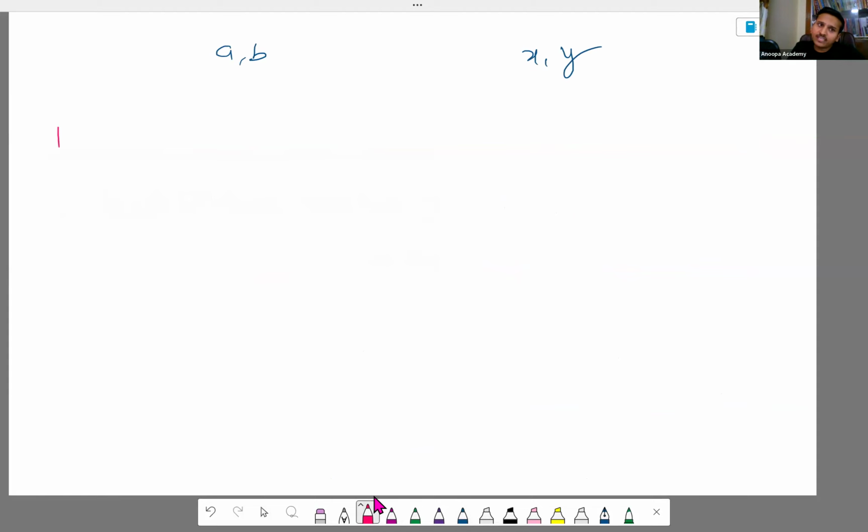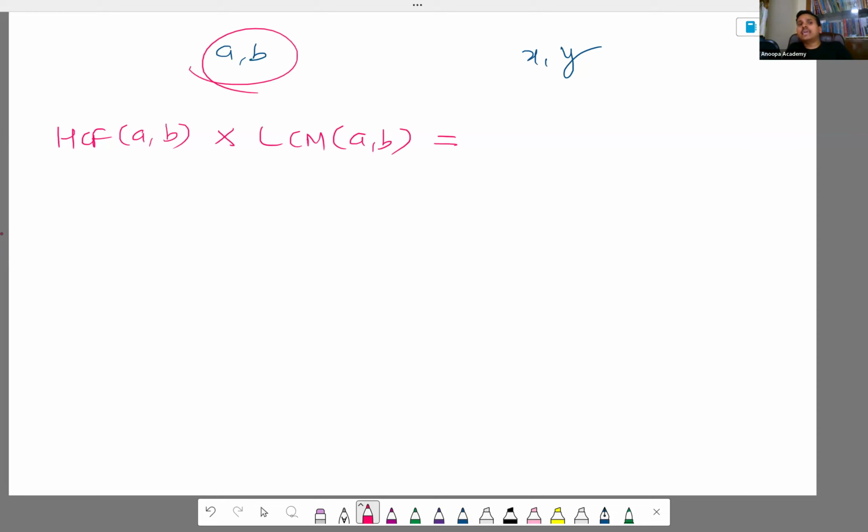If you find the HCF of the two numbers A comma B and multiply by the LCM of the same two numbers A comma B, A can be maybe 4, B can be 6, any numbers, then HCF of A, B into LCM of A, B will be equal to the product of the two numbers, always. It is only applicable for two numbers.